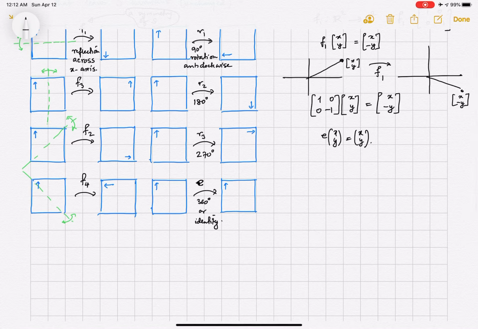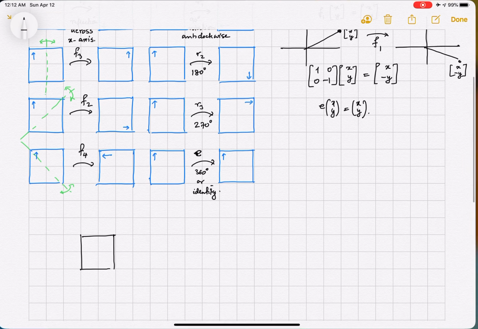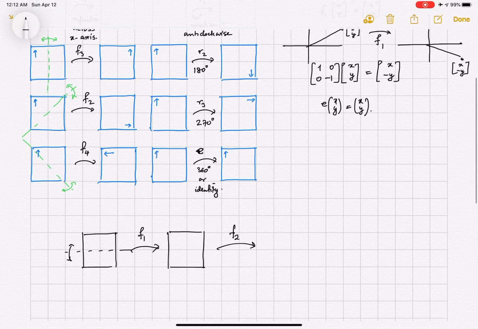See, you could take this square and apply, let's say, F1 first. Apply F1, then apply F2. Then reflect like that.